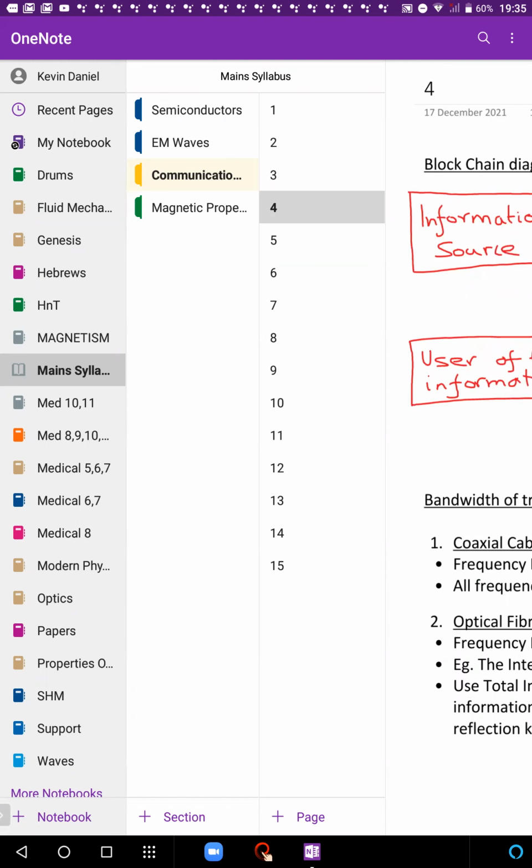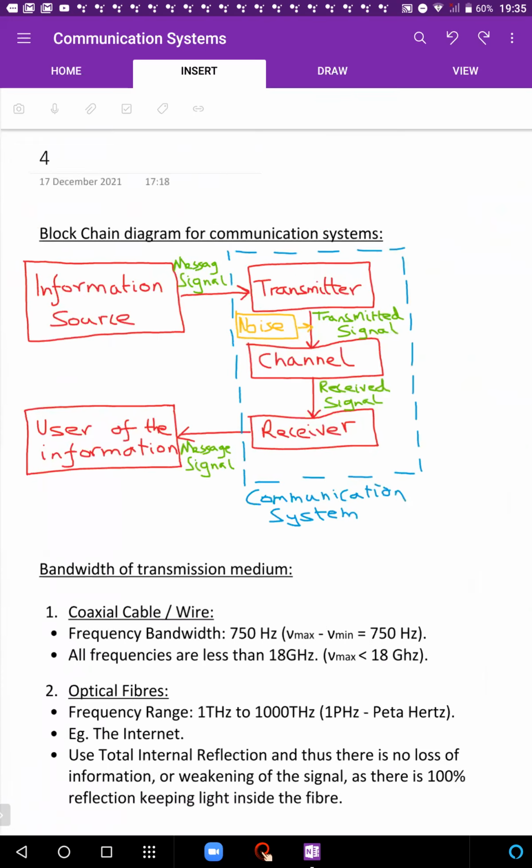Sorry, what is that? Have I written... You're saying it should be terahertz, not tetrahertz.